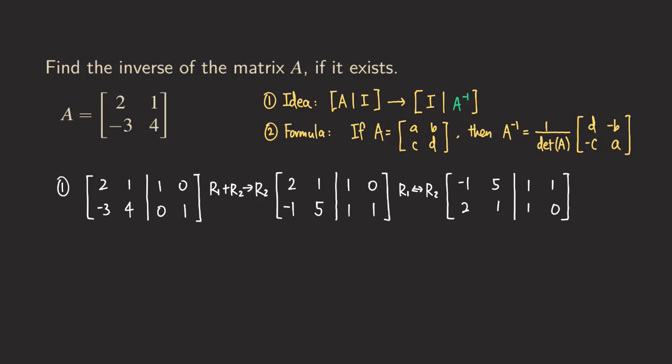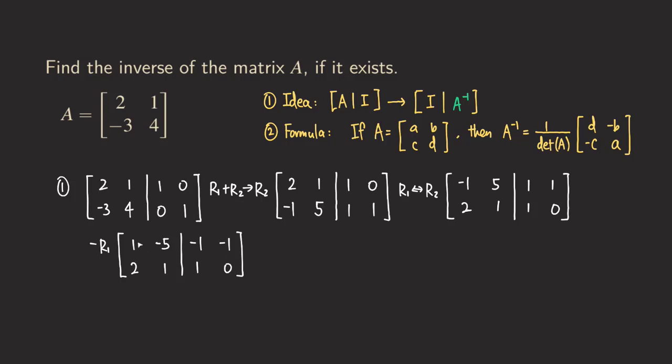Then we are going to turn this into a positive 1. So we can do row 1 times -1. So we're going to get 1, -5, and then -1, -1, and then we have 2, 1, 1, 0.